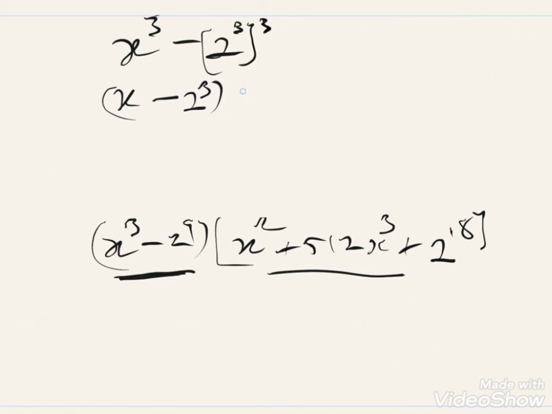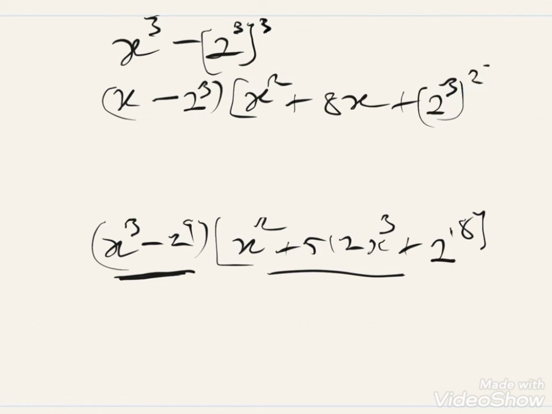Again, we have the quadratic factor: the remainder of the s is s squared, the alternate sign here is plus. The remainder of the combination now is 2 cubed times s, which will give me 8s, right? Then the positive sign will now be 2 cubed raised to the power 2. We close the trinomial factor here.